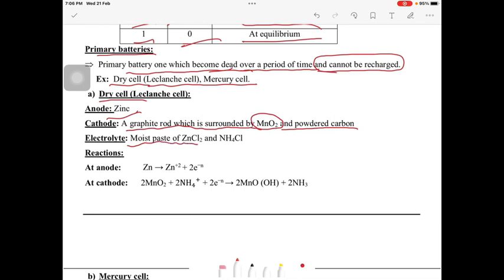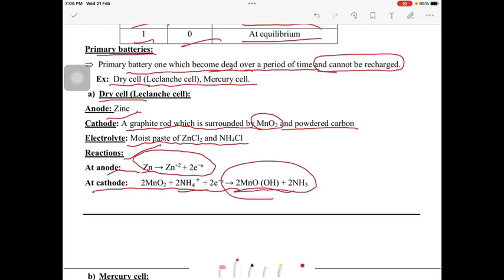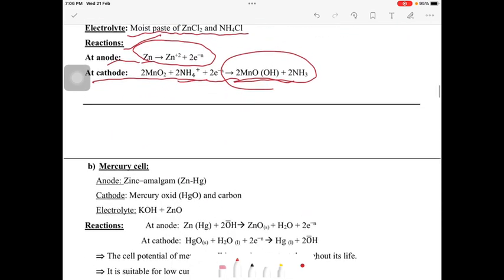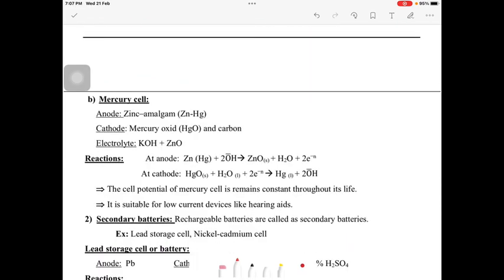Electrolyte, moist paste of ZnCl2 and NH4Cl. Reactions: at anode, Zn gives Zn2+ and 2 electrons. At cathode, MnO2 plus NH4+ and 2 electrons gives MnOOH plus NH3.